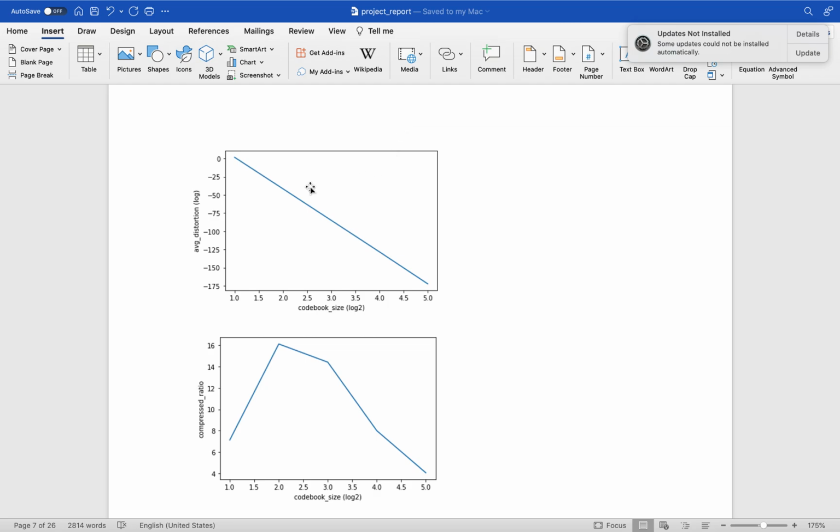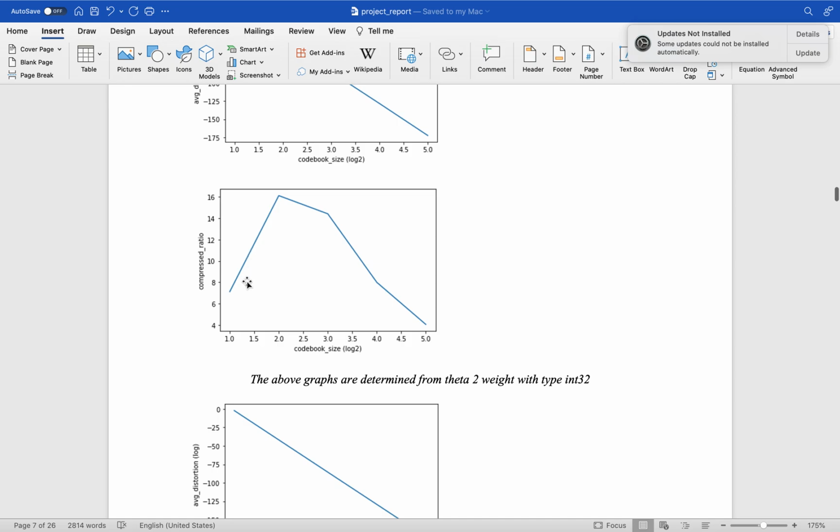We can see that the average distortion decreases as the codebook size increases. The compression ratio increased a bit for a codebook size of 4, plateaus between 4 and 8, but after 8 it decreases.